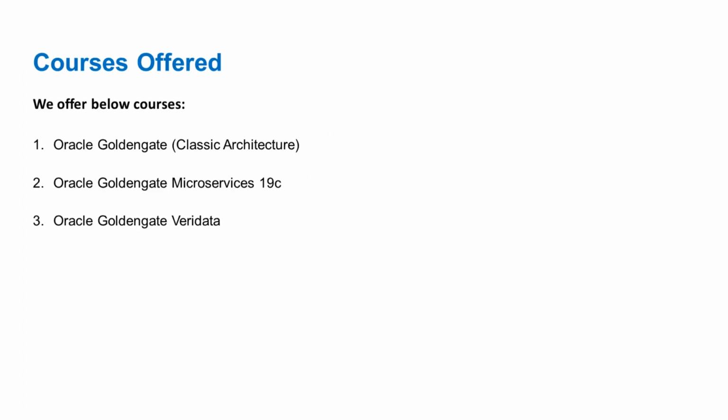Okay, so I offer 3 courses. All 3 courses I discussed: Oracle GoldenGate Classic Architecture, Microservices, and Veridata. Currently, I'm running all courses on 19C. I'll tell you the reason. 21C is only a couple of months old, so I'm still testing the version in my environment, because when 19C was initially launched, it had a few issues.